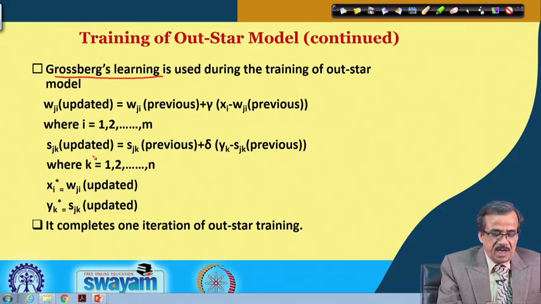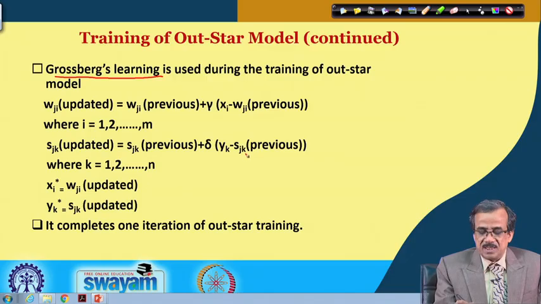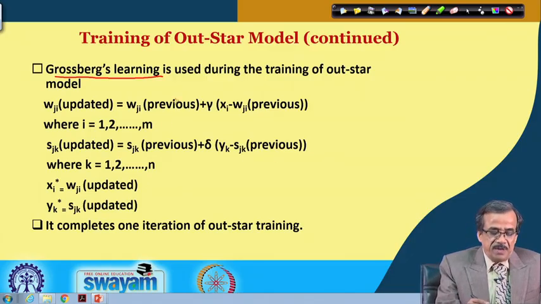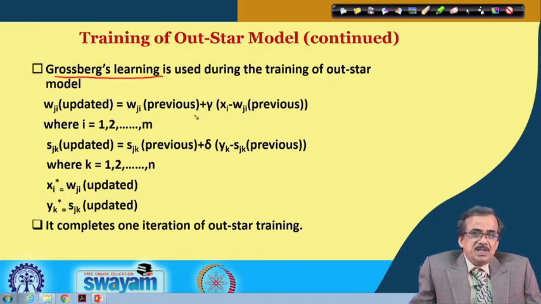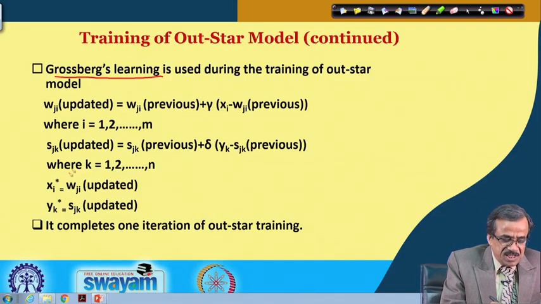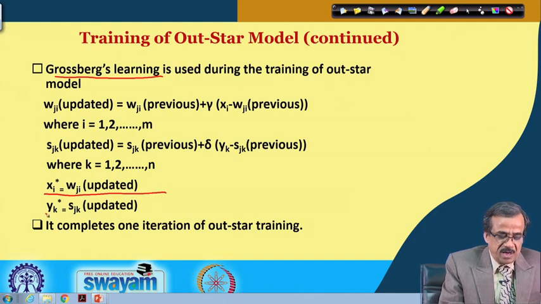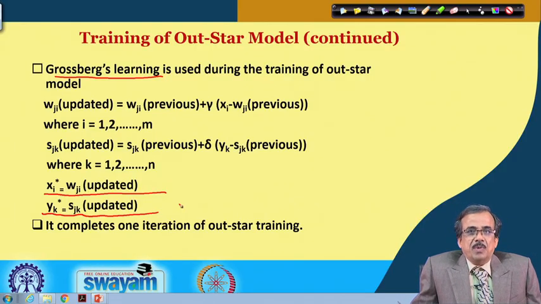Then S j k updated is S j k previous plus delta multiplied by y k minus S j k previous. By following this we can update the connecting weights, and at the end we can take the decision that x i star is equal to W j i updated and y k star is S j k updated, and it completes one iteration of this outstar training.